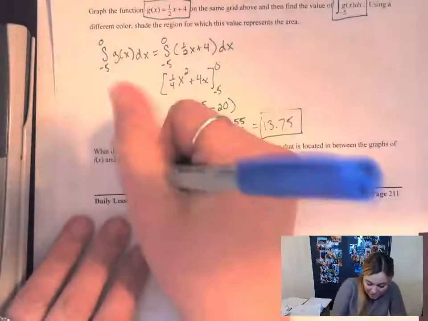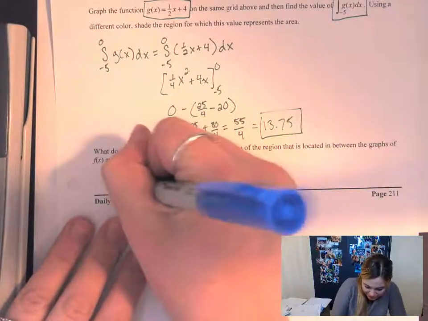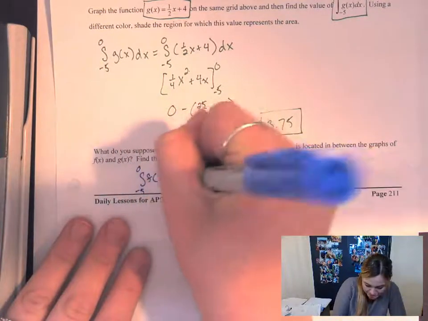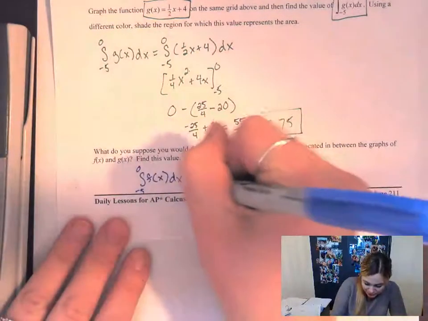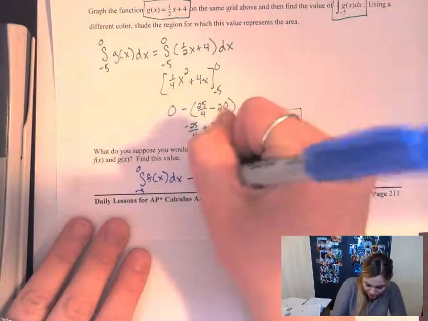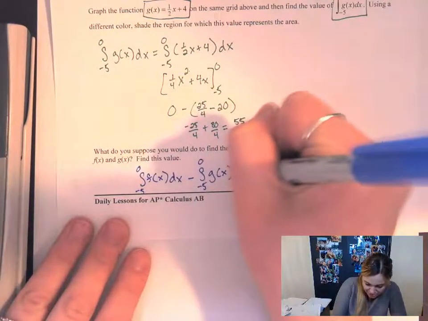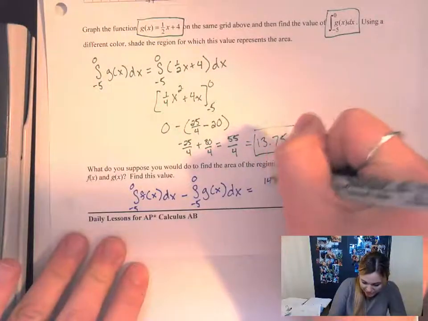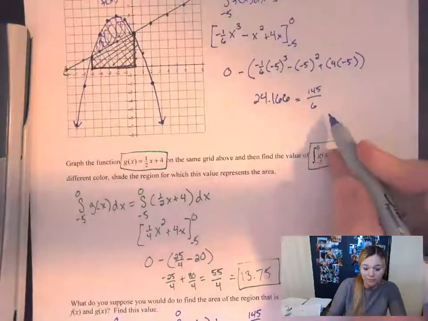So what we're really doing is we're taking that total area, the integral from -5 to 0 of f of x dx, and we subtracted the integral from -5 to 0 of g of x dx. Because that whole region was the 145/6, what we got up here.